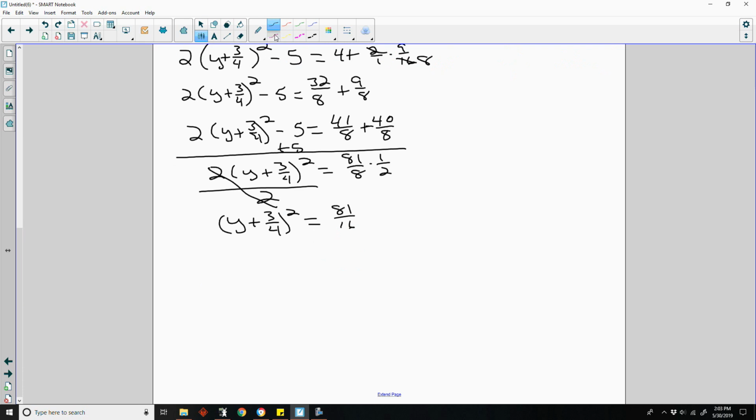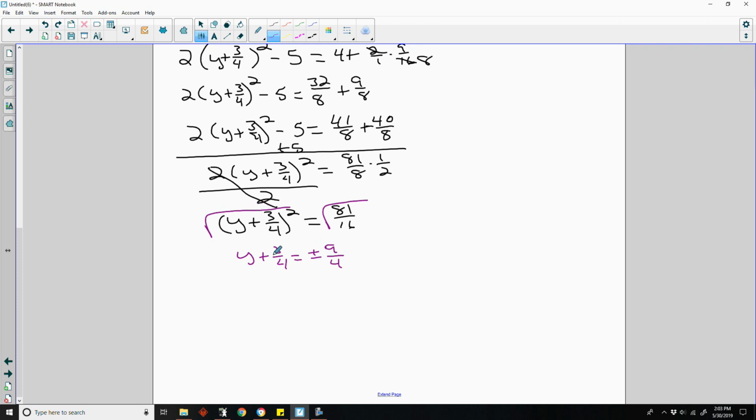Now I take the square root of both sides, and I get y plus 3 over 4 equals. Now the square root of 81 is 9. These are perfect squares, which makes it nice. The square root of 81 is 9, so it's plus or minus 9 over 4.